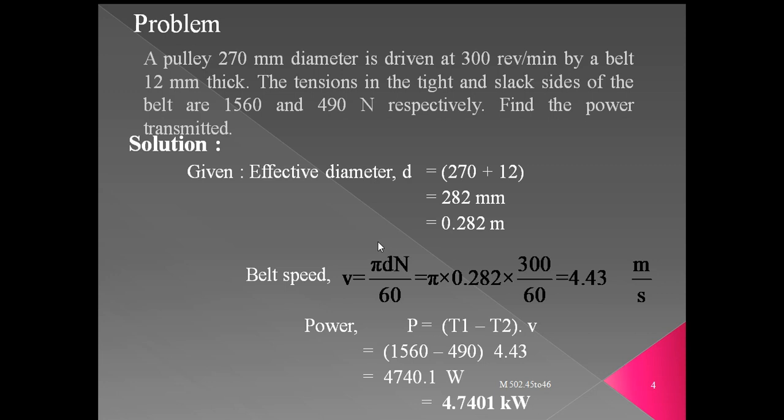After substituting the values, we got power as 4740.1 watts. So power equals 4.74 kilowatts is the power transmission.